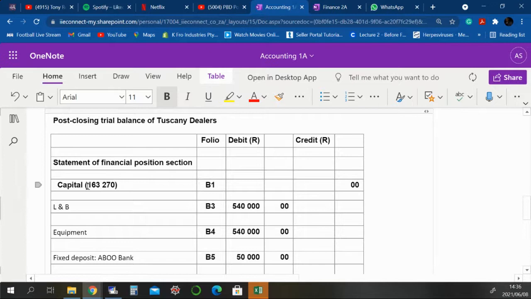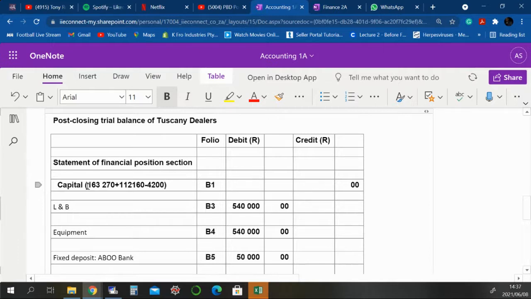If it was a loss, we would subtract it from the old capital balance. So there we had a profit of 112,160. And then we also know that we had drawings, so now we need to deduct the drawings. Drawings reduce our owner's equity or our capital in the business, so we minus the 42,000. That then should give us our new capital balance.